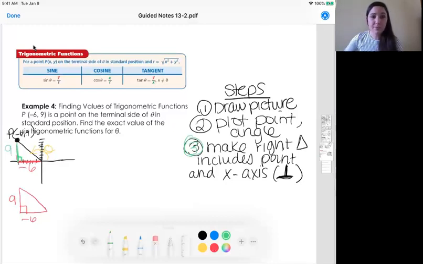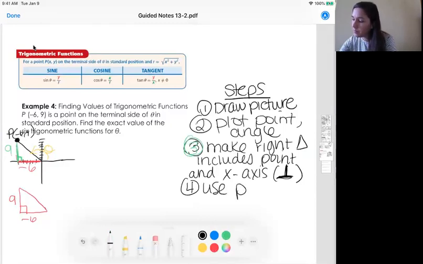But I still need to find my hypotenuse. So to find our hypotenuse, that'll be step 4. We're going to use the Pythagorean theorem to find our missing side length.